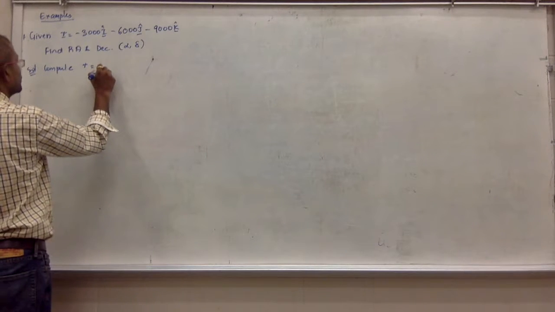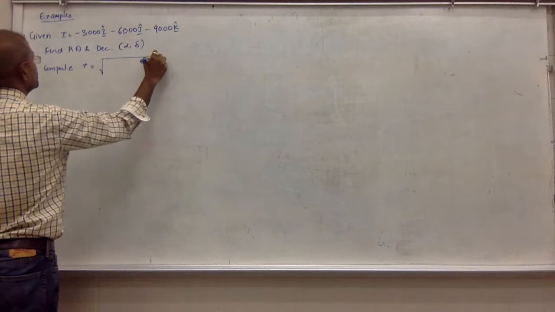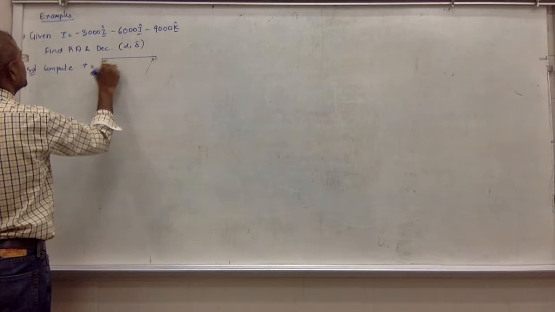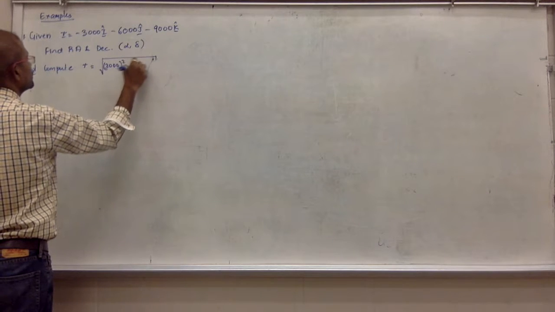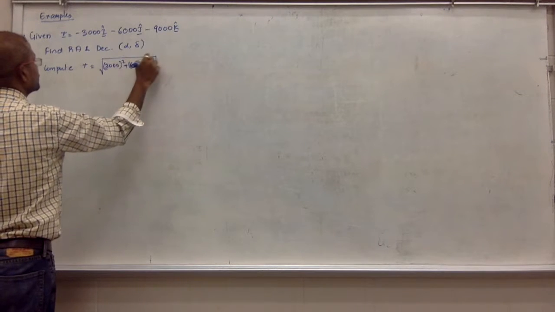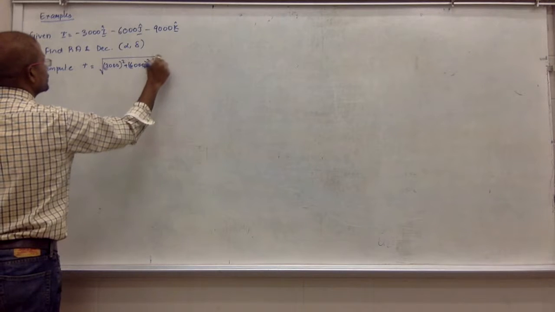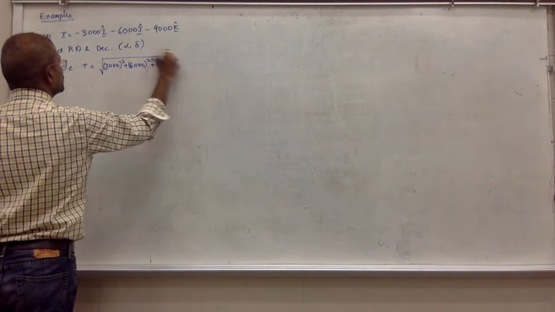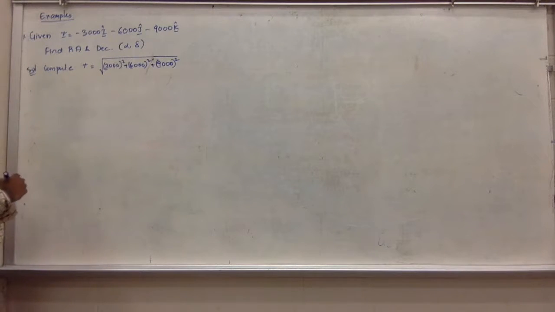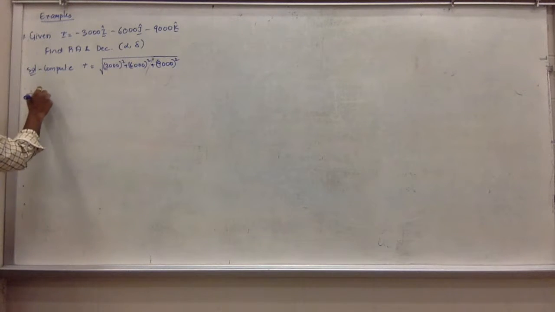So you just have to do this: 3000 square plus 6000 square plus 9000. This is the first step.